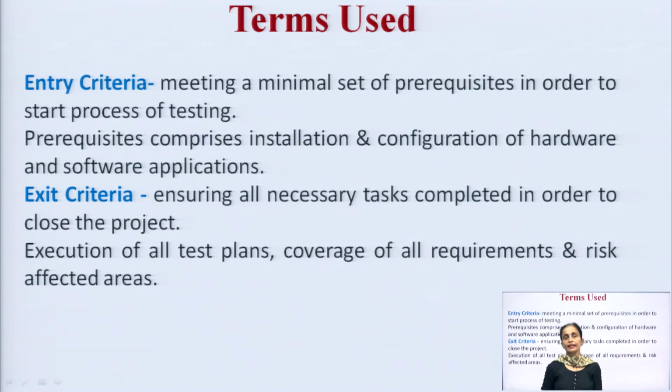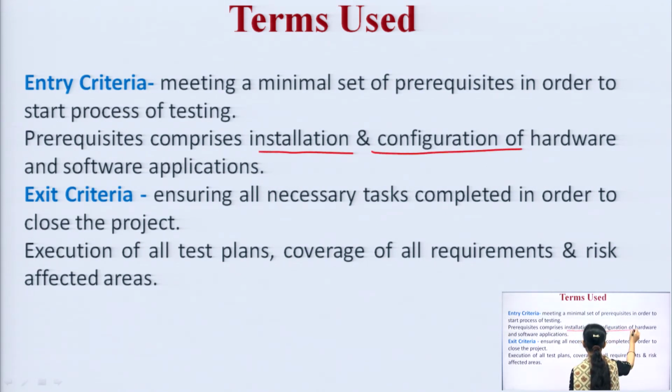The entry criteria means we are setting a minimal set of prerequisites to start the process of testing. This prerequisite means we are talking about the software installation and hardware configuration. Then exit criteria means we are ensuring that all the necessary tasks are completed in order to close the project.